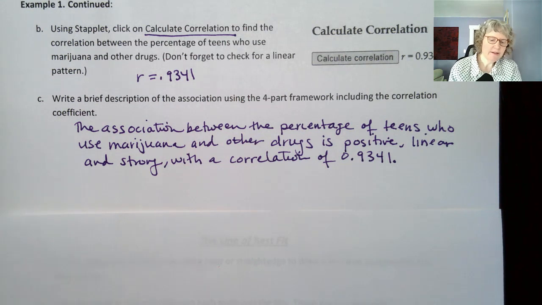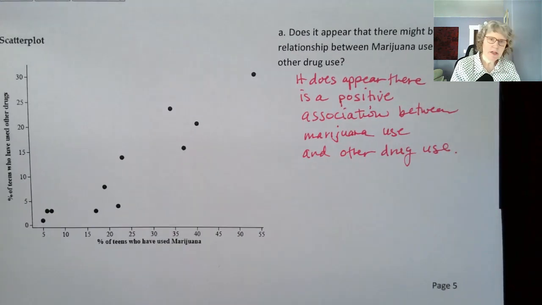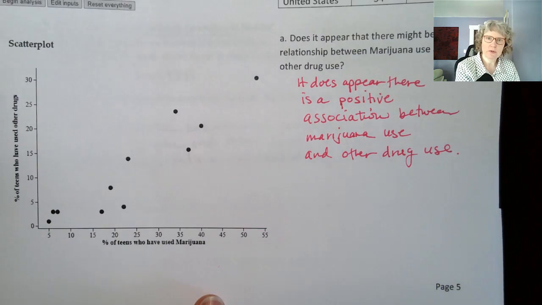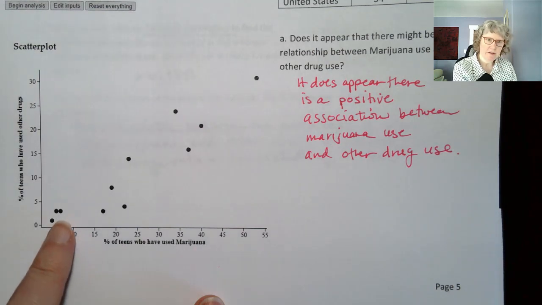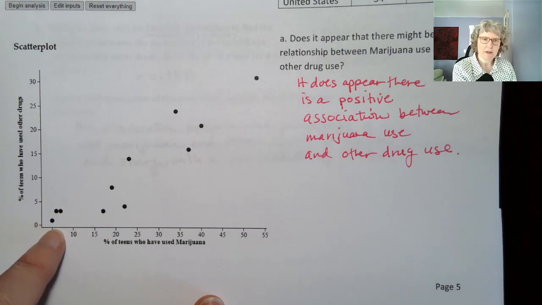And now the last thing is unusual features. So I just want to mention that. Does anything look unusual to you? Are there any outliers? Are there any gaps? Are there any groupings? The only thing that looks interesting to me are these 3 dots together. So I might just mention that grouping.